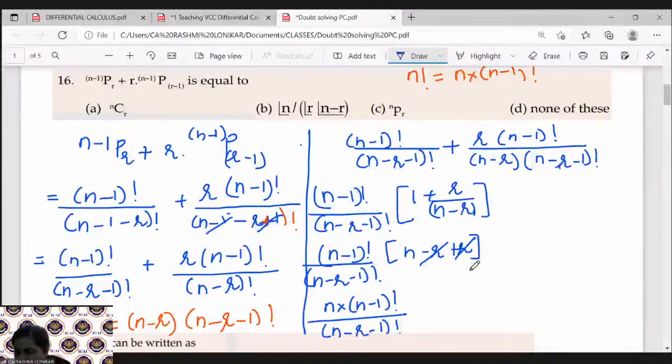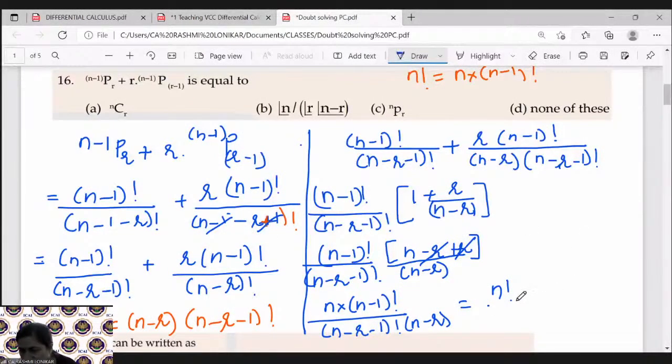So what into n minus R into n minus R. So from here I know n factorial is n into n minus 1 factorial. That is the same in the numerator. So this is nothing but n factorial. And in the denominator n minus r minus 1 factorial into n minus r, which is nothing but this thing which I have written in orange.